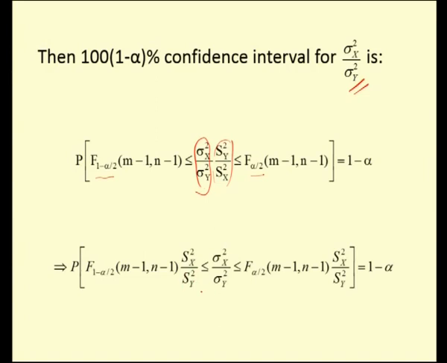Doing that operation, you will get the following form: the probability that F of 1 minus alpha by 2 with m minus 1, n minus 1 degrees of freedom times s squared x divided by s squared y is less than or equal to your ratio, which is less than or equal to F alpha by 2 with m minus 1, n minus 1 times s squared x divided by s squared y, equals 1 minus alpha.